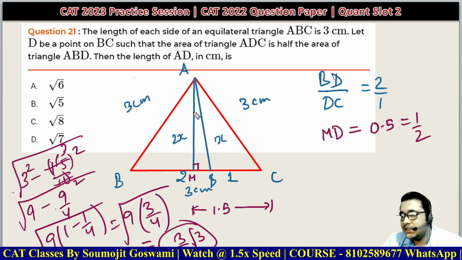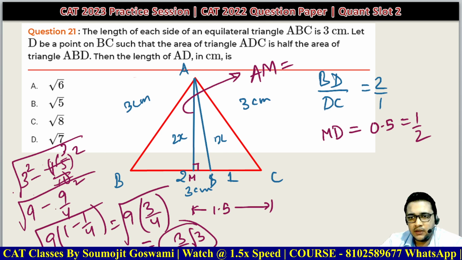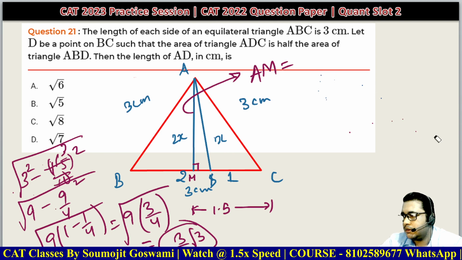Now this AM is equal to, let me create some space. Now it is solved. AM is equal to 3 by 2 root 3, or you can also say 3 root 3 by 2. You already know this value. You just needed to square them and add them.